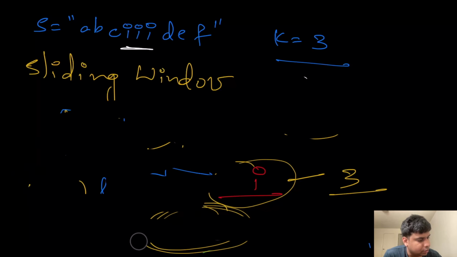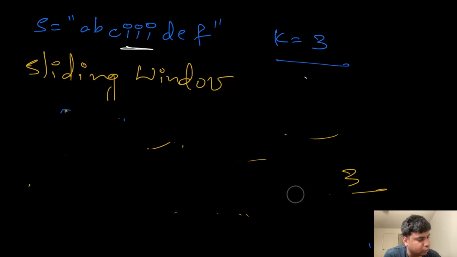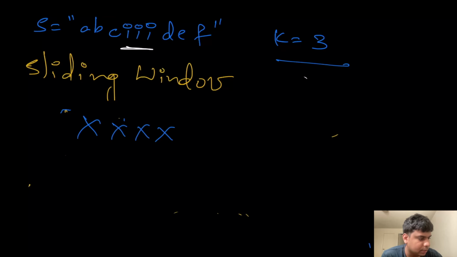So again, let me just give you a brief overview of how sliding window works. Given any string, let's consider a string as xxxx. It can be any possible characters, and given some k which is equal to y.